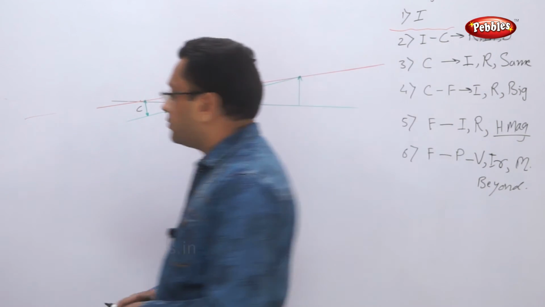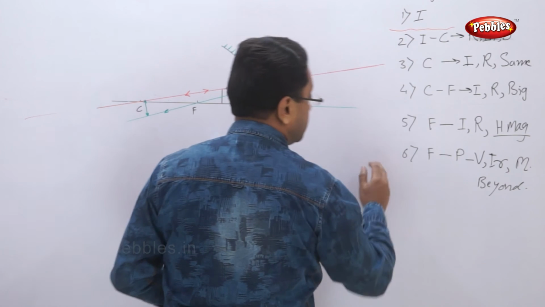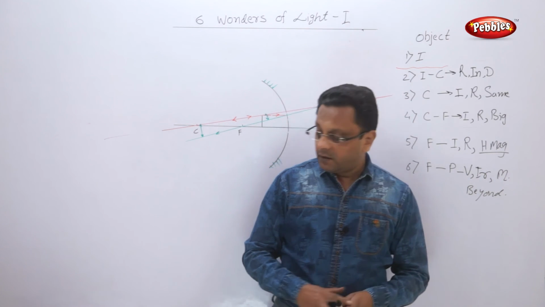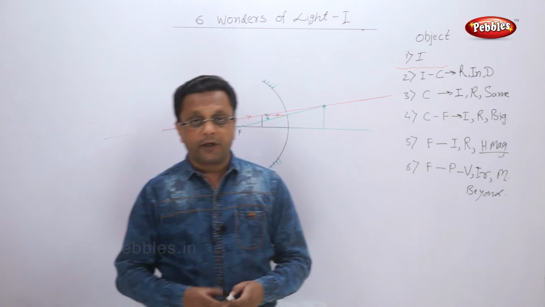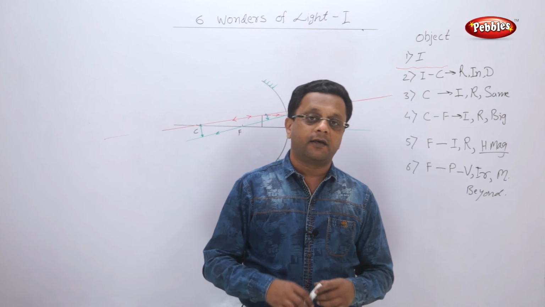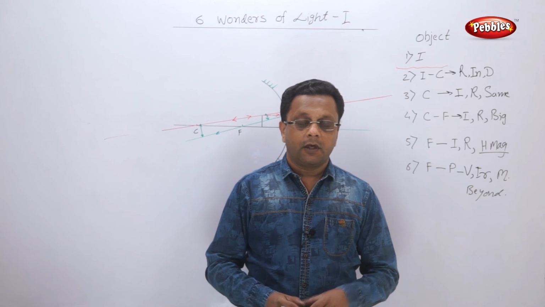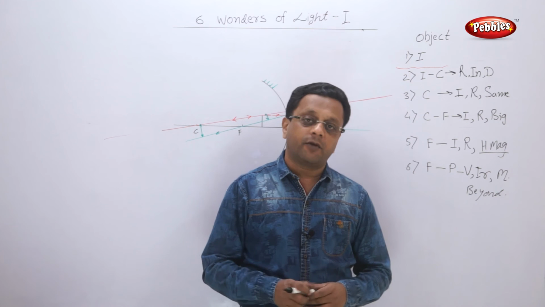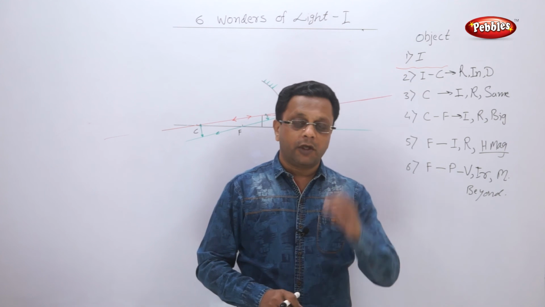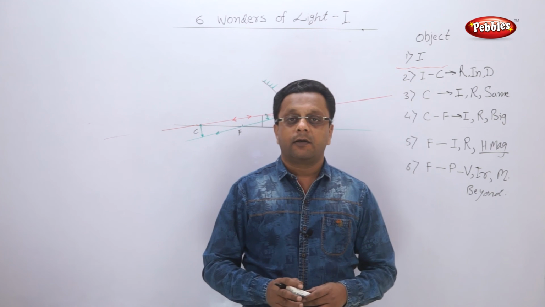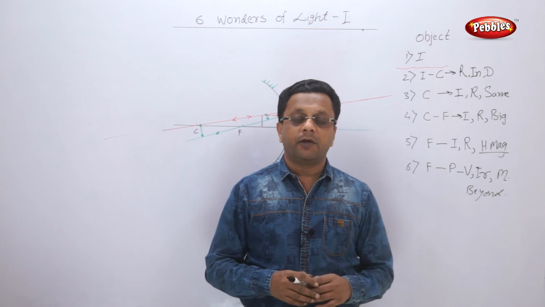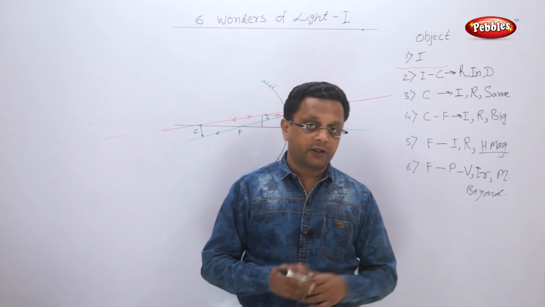So we have seen all these 6 figures. One thing I must tell you is that you need not learn the table by heart. Even if you draw a rough image on the back of the paper, you will immediately come to know where the image will be according to the object.